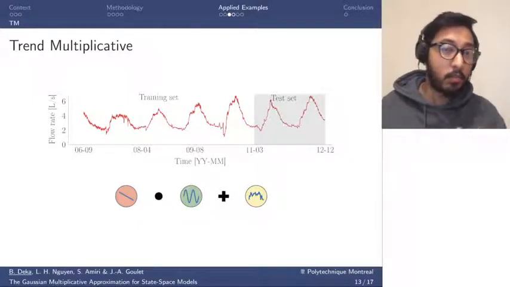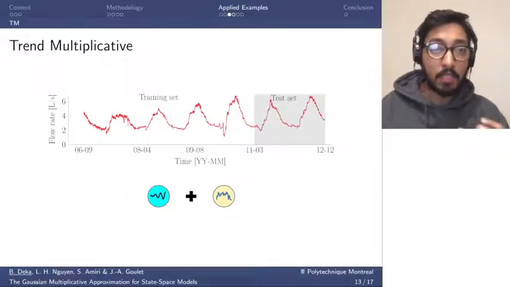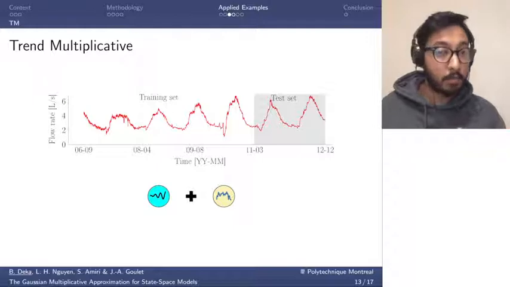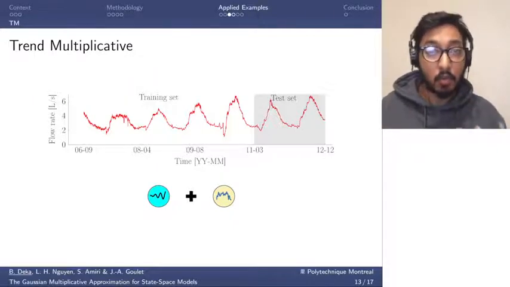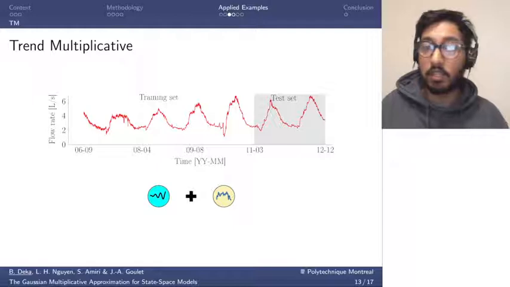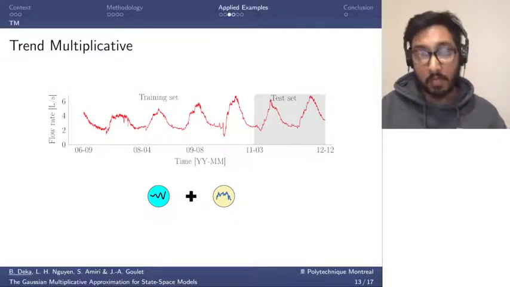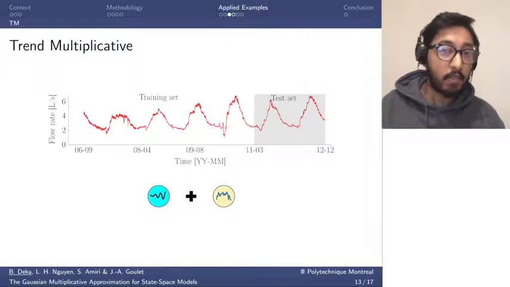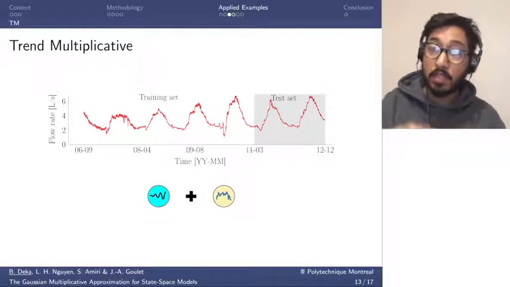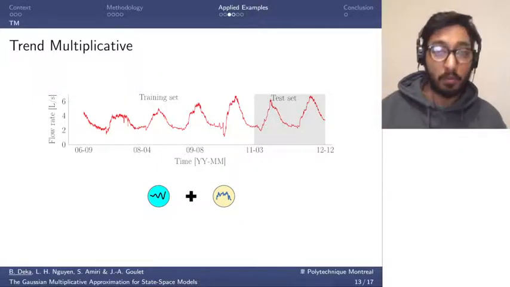In order to model this, we replace the multiplication of a local trend times the periodic by one component called the trend multiplicative, which will be able to model this evolving amplitude over time. It is again a multiplication of a local trend that evolves over time, basically a baseline that evolves over time, times a constant periodic pattern, because of which the amplitude increases over time.